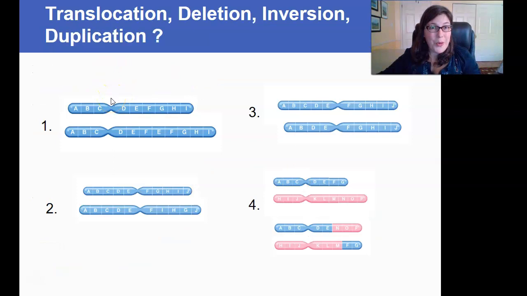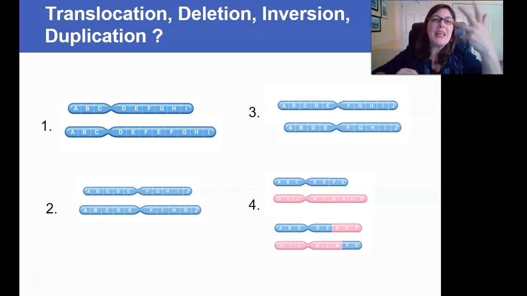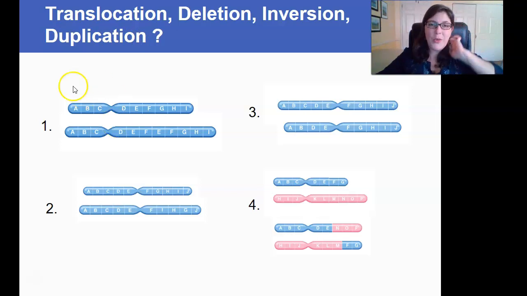What we'll also cover more in genetics, but this is also reminding us back from 2 weeks ago, is thinking about translocations, deletions, inversions, and duplications, which are very common when crossover happens. So when crossover gets screwed up, these are some of the results. So you can quiz yourself and hopefully you can see here, this would be a duplication of this section.